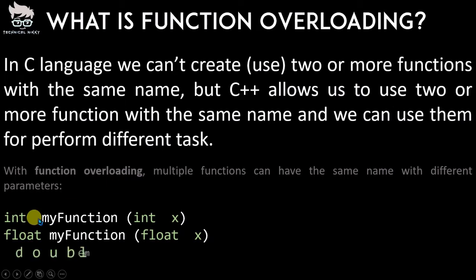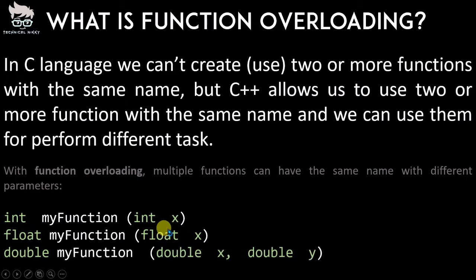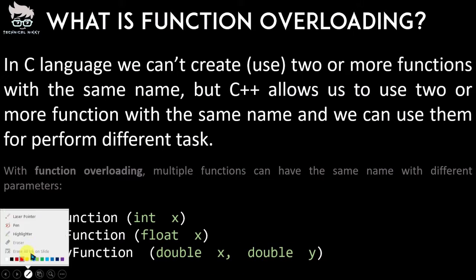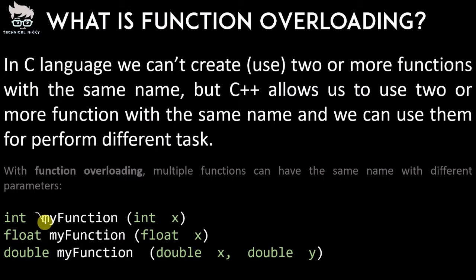Below I have int myfunction(int x), float myfunction(float x), and double myfunction(double x, double y). The name of the function is the same, myfunction, but its parameters are different. Here is the integer x, here is the float x, and here is the double x and double y.